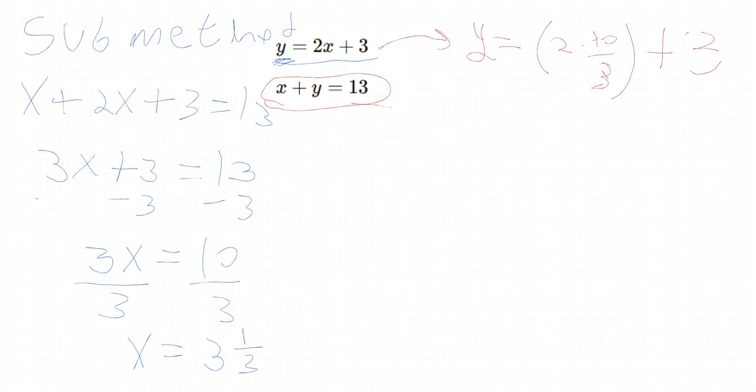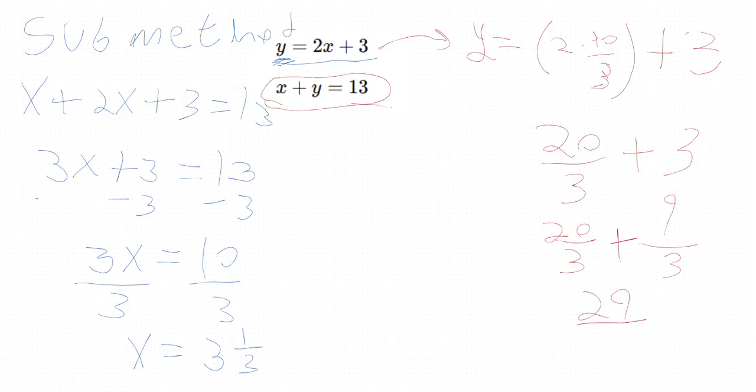2 times 10 over 3 is the same as 20 over 3. So 20 over 3 plus 3, and 3 is the same as 9 over 3. So 20 over 3 plus 9 over 3, we have 29 over 3.